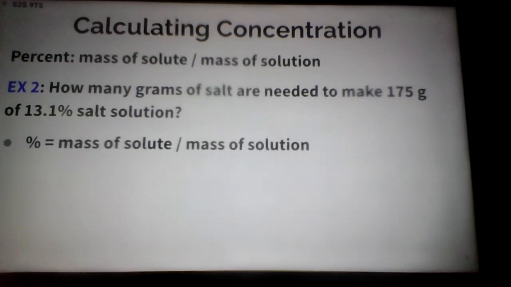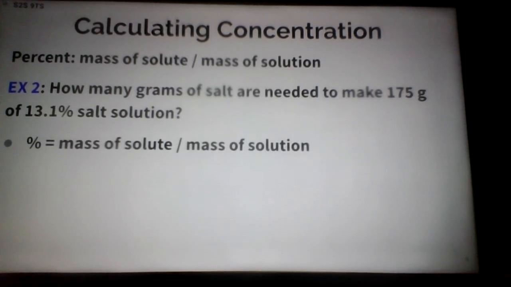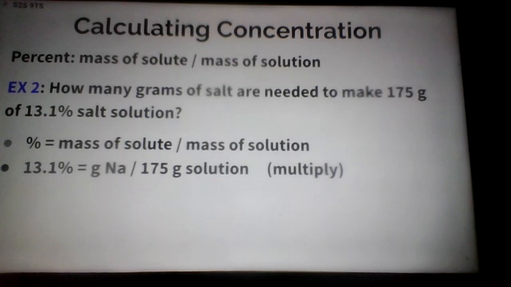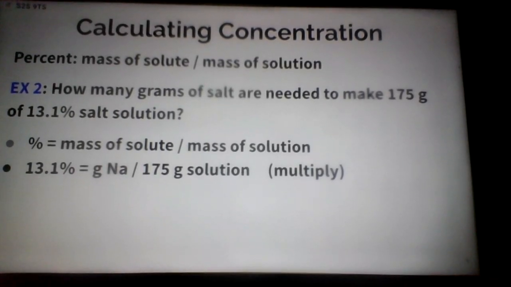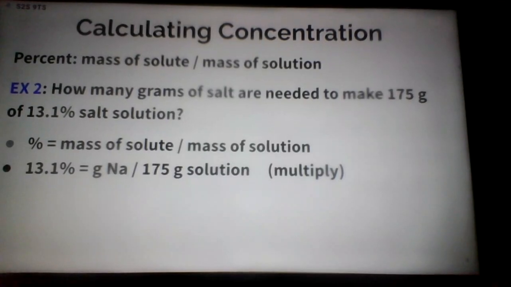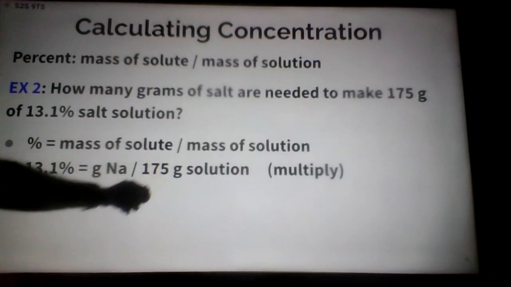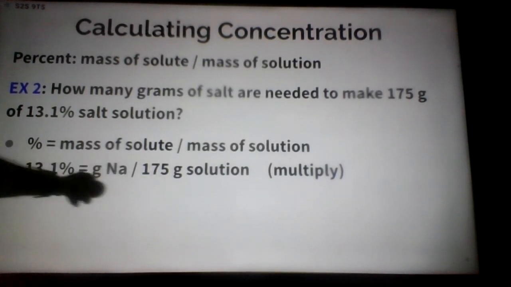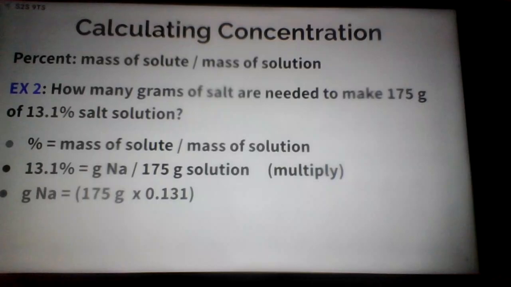The percent is the mass of the solute divided by the mass of the solution. 13.1% is equal to the grams of sodium that we're trying to figure out divided by the entire solution of 175 grams. We're going to move that denominator over here and multiply to isolate the grams of sodium.